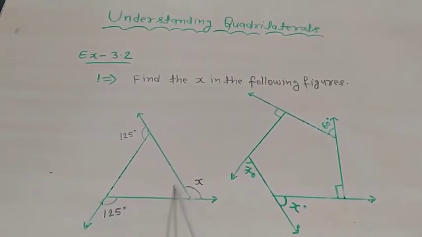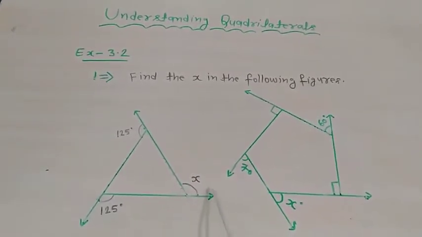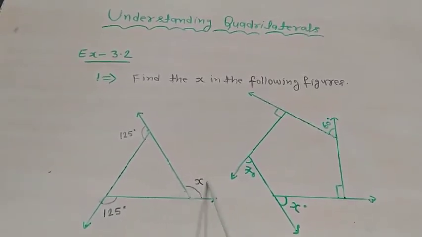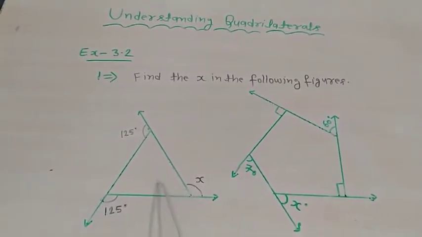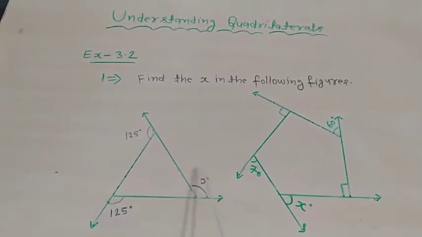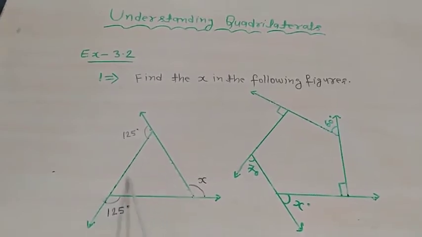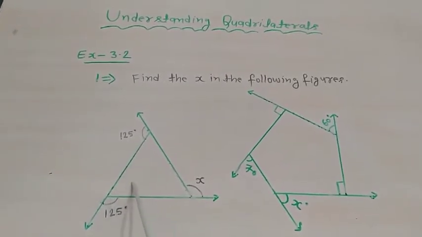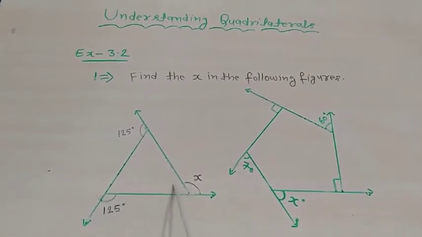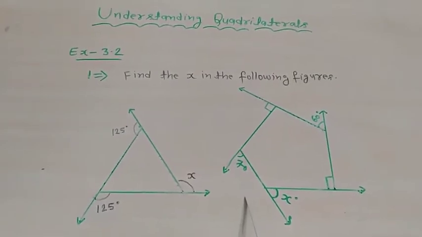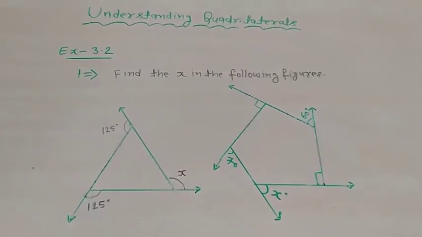Also here, this is a straight line, so this angle becomes 180 degrees minus x, clear. And the sum of interior angles of a triangle is 180 degrees. So 55 plus 55 plus 180 degrees minus x is equal to 180 degrees. This is the first way to find the value of x.